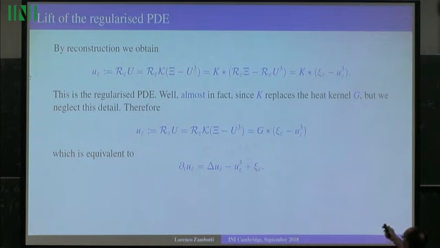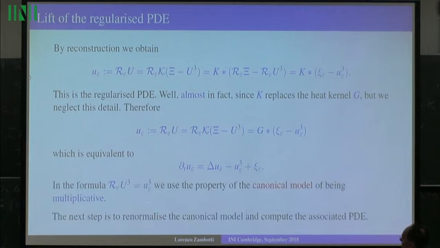But here you have used the property of the canonical model of being multiplicative. Otherwise, this is not true in general. It is not true in general that the reconstruction of the product is the product of the reconstruction. I've never stated this. It's not at all in the reconstruction theorem. So here I am using a property of the canonical model.